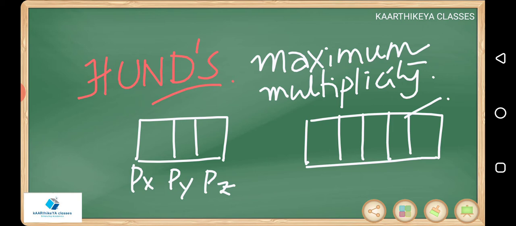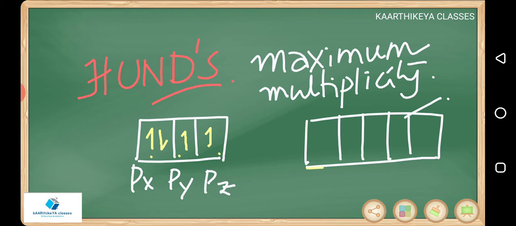Whenever such kind of orbitals are available, pairing of electron takes place only after all the orbitals are filled with one electron. Now you see, all are filled with one electron, then pairing starts.